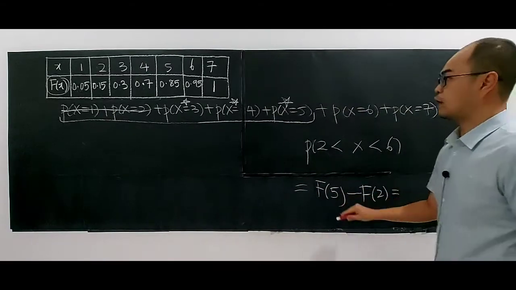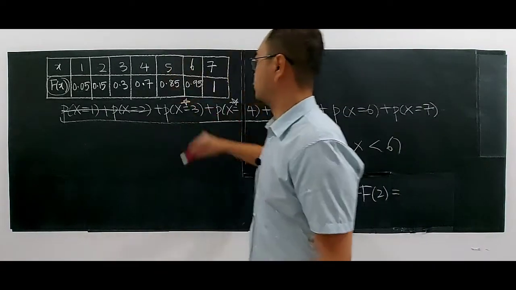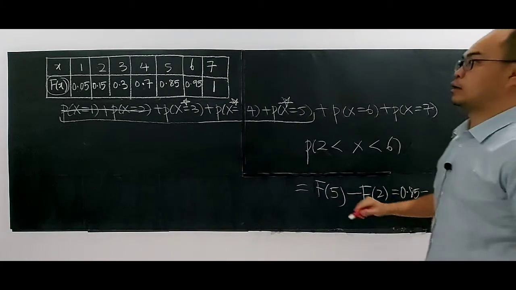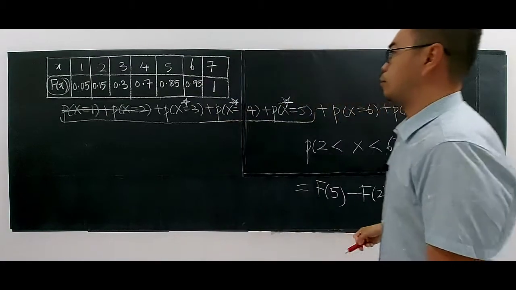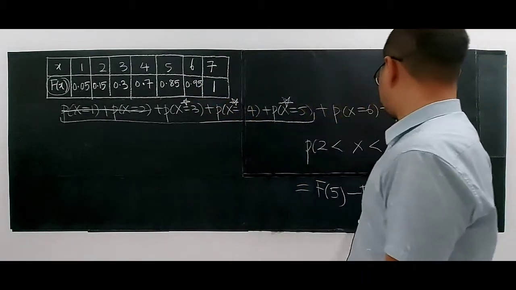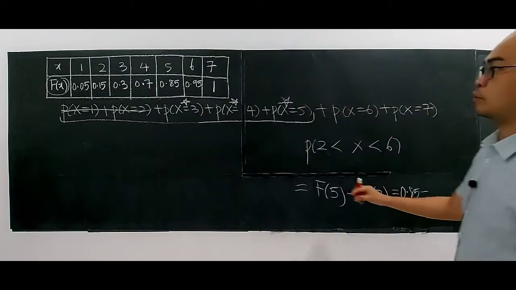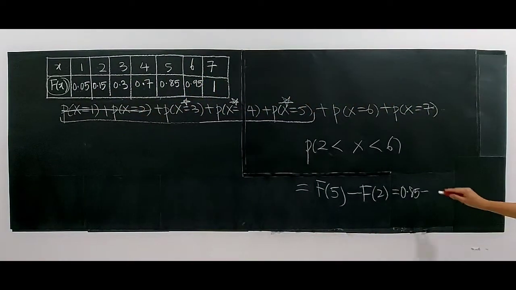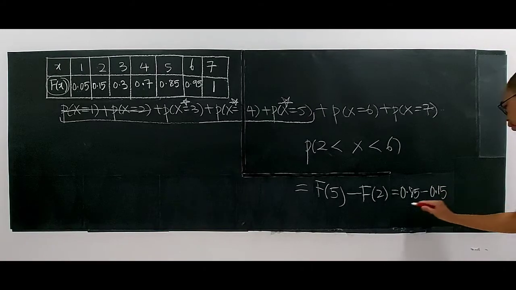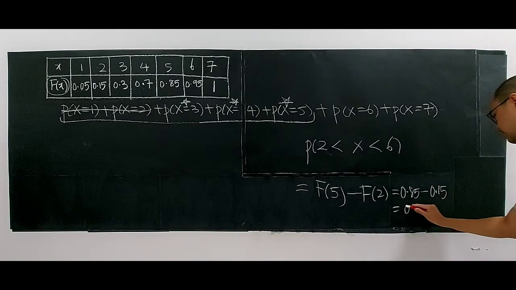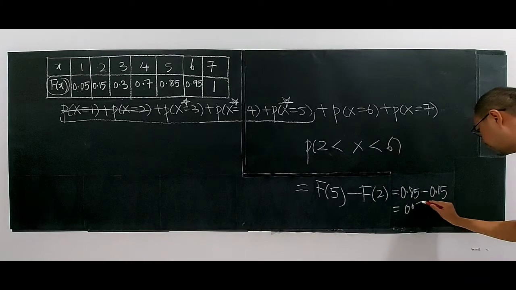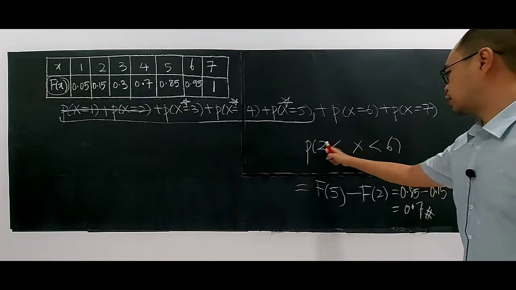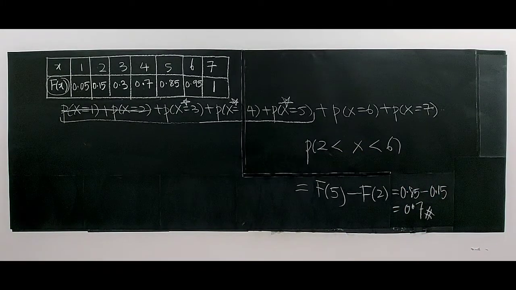So you can directly get the value F5 from the cumulative distribution table: 0.85, minus away F2, which is 0.15. This gives you 0.7, which means the probability is 0.7 for a probability between 2 and 6.